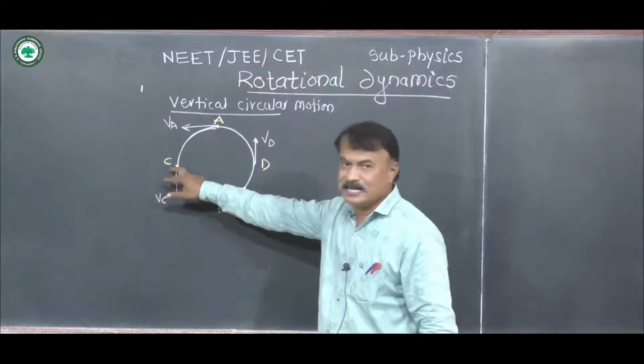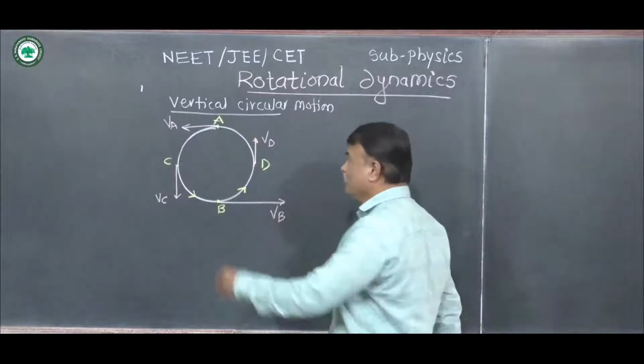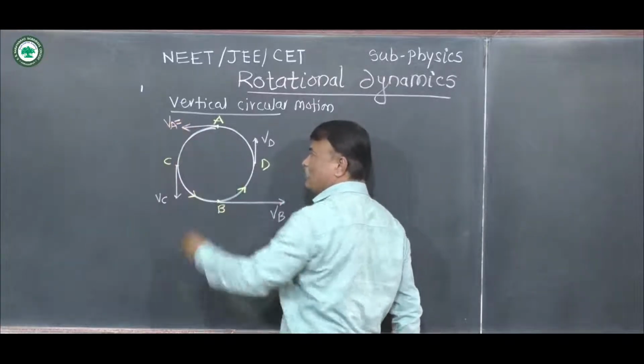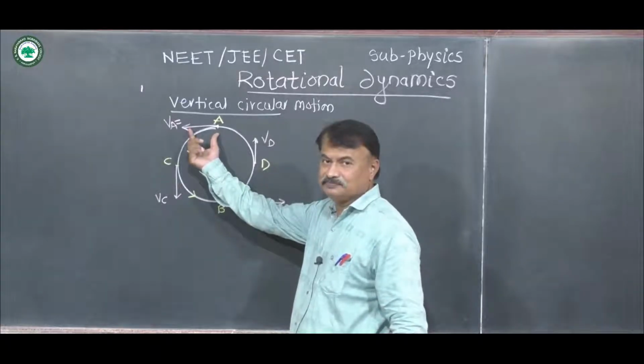Velocity at point C and velocity at point D both are same. But velocity at point A, its magnitude is very small.